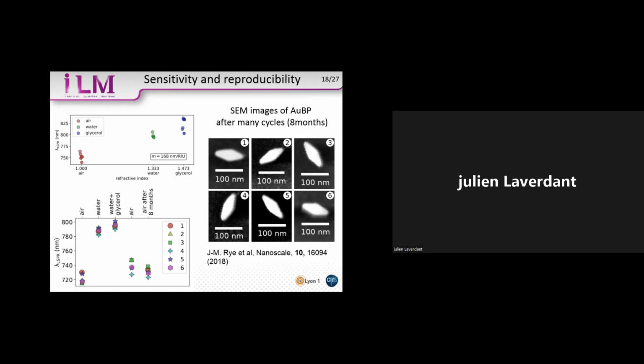So this was the first step of this work. And now the goal is to go further to detect, for example, ions, very hard ones, for example, pollutants inside water and this kind of stuff. So this was the first part of my talk.